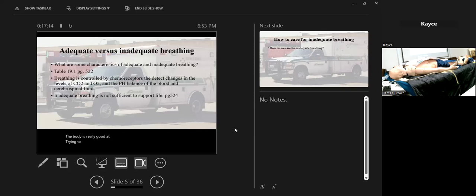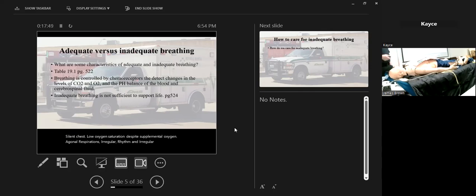So, okay, inadequate breathing is not sufficient to support life. We talked about that a little bit on 524. They have some signs there: fast respiratory rate, irregular respirations, inability to speak, silent chest, low oxygen saturation despite supplemental oxygen, agonal respirations, irregular rhythm, and irregular quality.